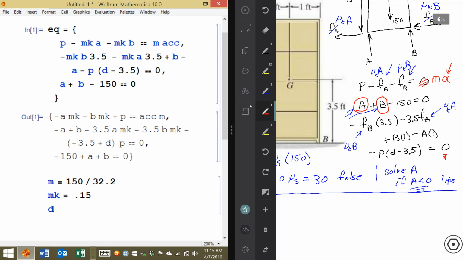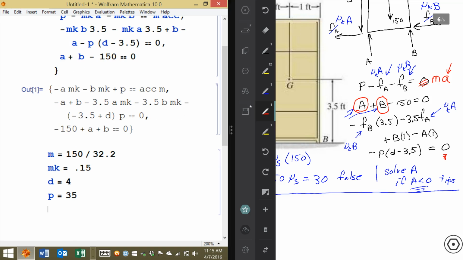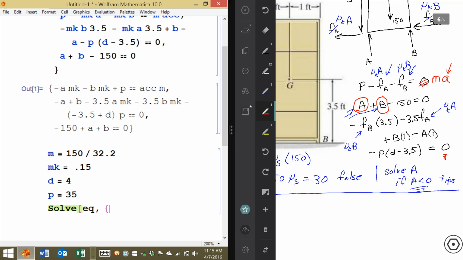The D is 4 in the problem, if you want to do what's there. The P is 35. I believe I got them all. And then what I want to do is solve the equations for A, B, and the acceleration.